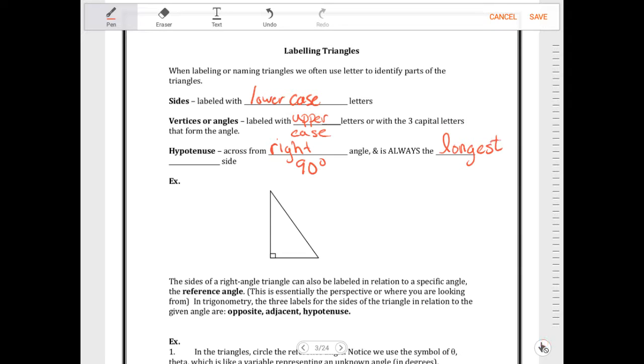If you ever somehow come along a calculation where the hypotenuse is not the longest side, it's actually kind of cool. You'll get some error messages. Your calculator won't know what to do with itself. But the hypotenuse must be across or opposite from the 90-degree angle, and it has to be the longest side. So you've got to make sure that you can label the hypotenuse no matter what.